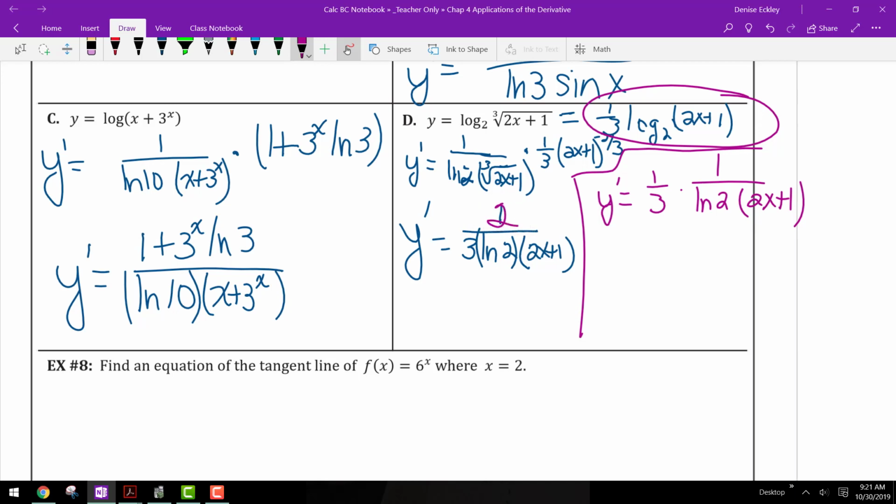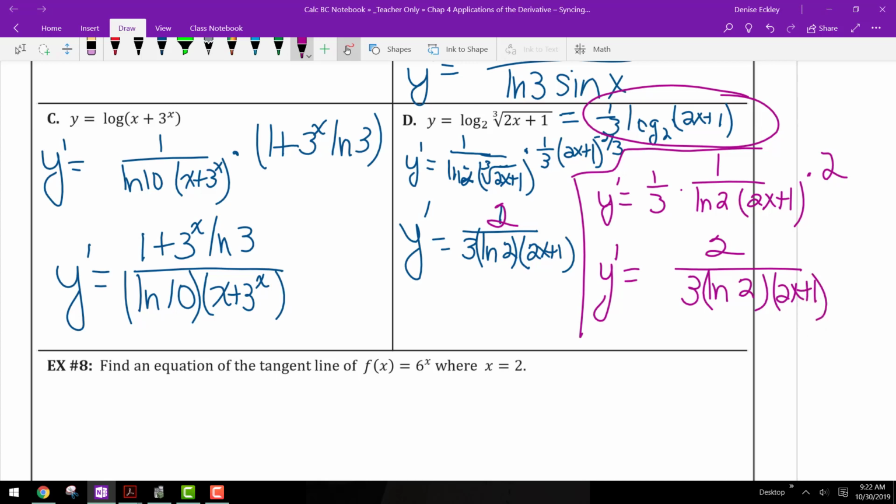So we're going to have a 2 there. So our final derivative will be y prime will be 2 over 3 ln of 2 times 2x plus 1. And just to go back, right here, I forgot to take the derivative of the 2x, so that's where that 2 comes from. Okay.